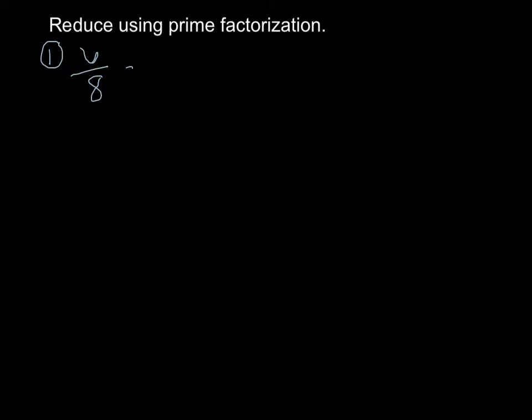So what I'm going to do is I can say to myself, I know that 6 is 2 times 3. Okay, so I got that down. And I know 8 is 2 times 2 times 2. Okay, so I've got 2 times 3 and 2 times 2 times 2.